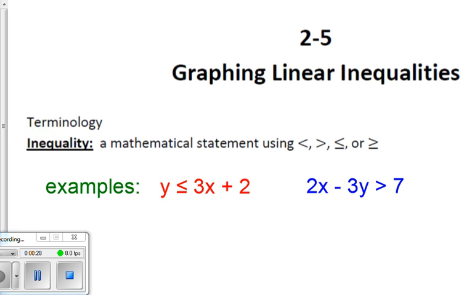So what is a linear inequality, or any inequality? It's a mathematical statement using less than, greater than, less than or equal to, or greater than or equal to. So what it's saying is one amount is going to be less than another amount, or one amount is going to be greater than or equal to another amount. So there's not necessarily just one thing that works, one value.